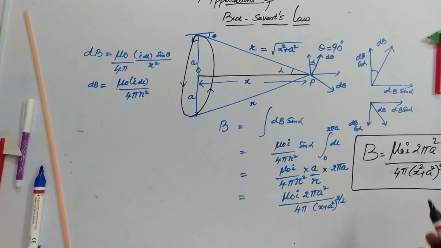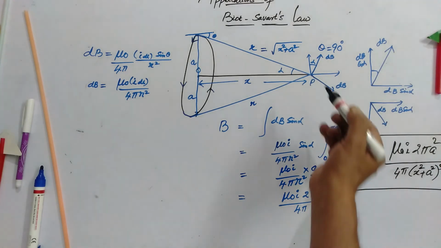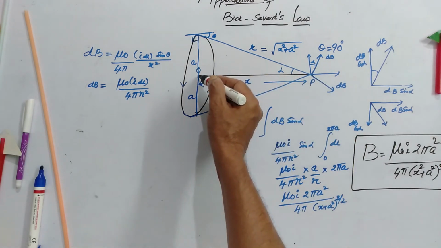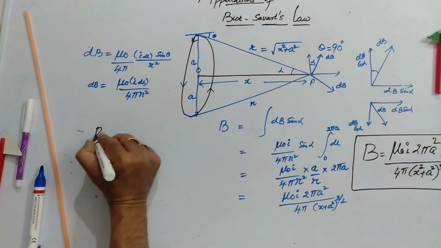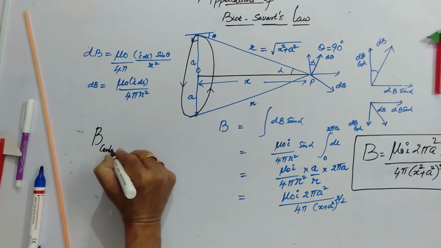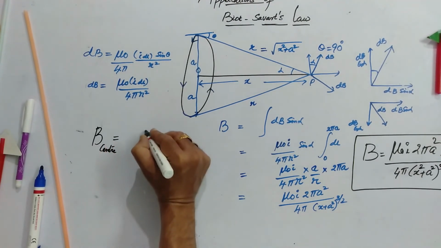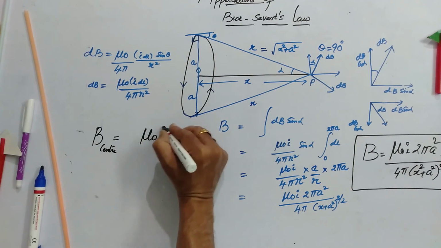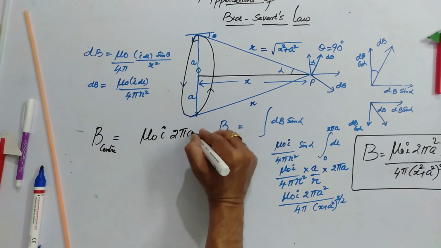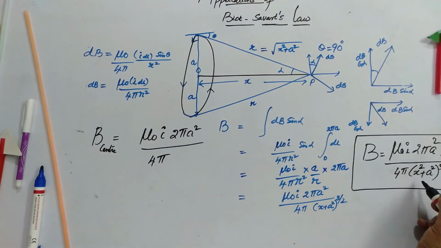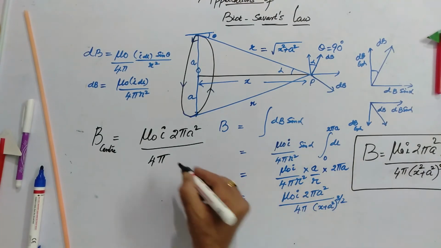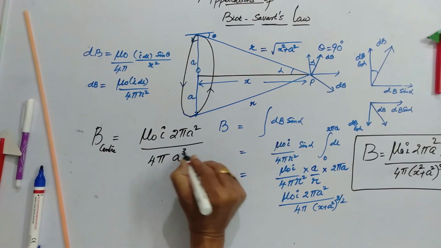Now, a special case can be considered. What is it? Suppose x is equal to 0, that means our point of interest is shifted to the center. Then what happens when x is equal to 0? If we put it in this final result, B at the center is equal to mu naught I 2 pi a square by 4 pi, when x is 0, a square to the power of 3 by 2, that is a cube.